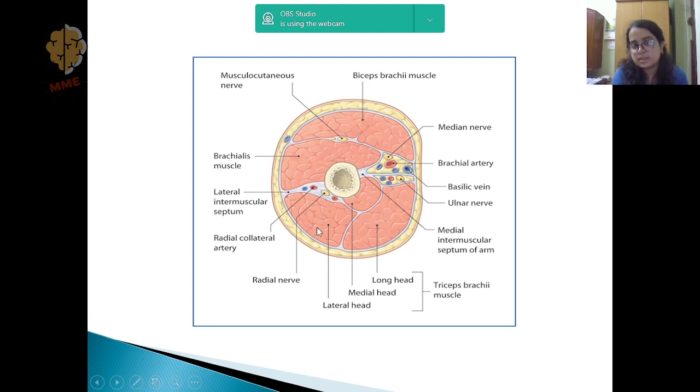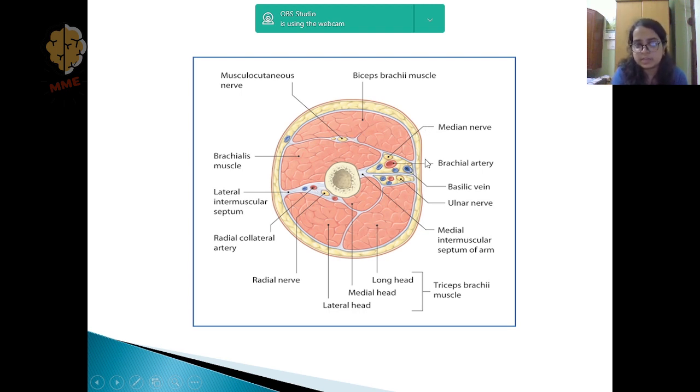This is the muscle of the posterior compartment, basically triceps brachii. It has 3 heads. So behind this, the separation formed by the lateral intermuscular septum, the humerus, and the medial intermuscular septum, they divide the arm into an anterior and a posterior compartment.